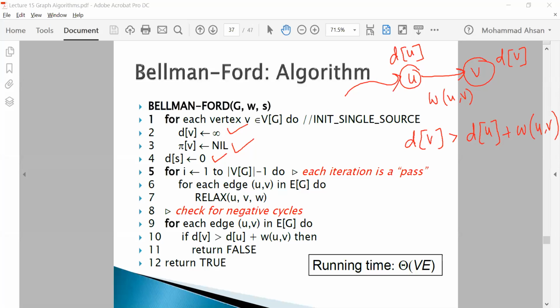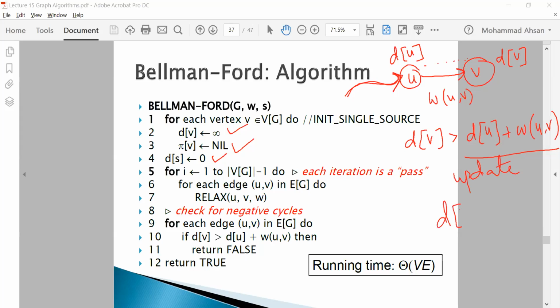If you find that the distance of u plus the weight of the edge from u to v, following this path here plus this here from u to v, is less than the existing distance for this particular vertex, then I will update my dv.